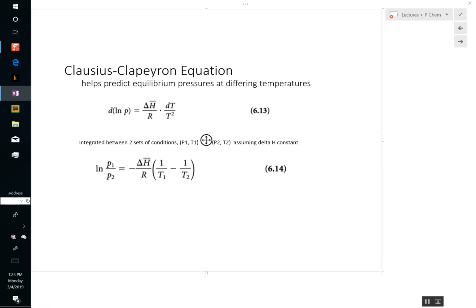If you integrate this between P1, T1 and P2, T2, you get a form of the equation that you can actually use for calculations: the natural log of P1 over P2 equals negative delta H over R times the difference in the 1 over the temperatures. So that's the Clausius-Clapeyron equation.